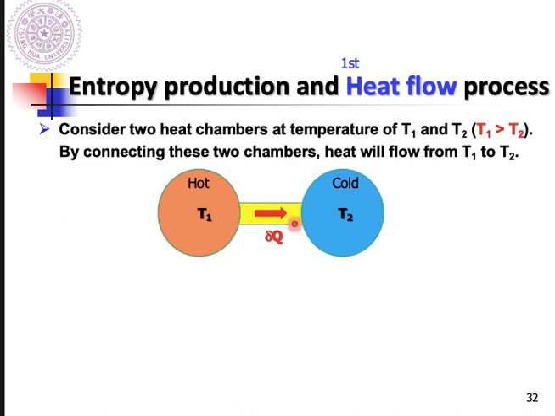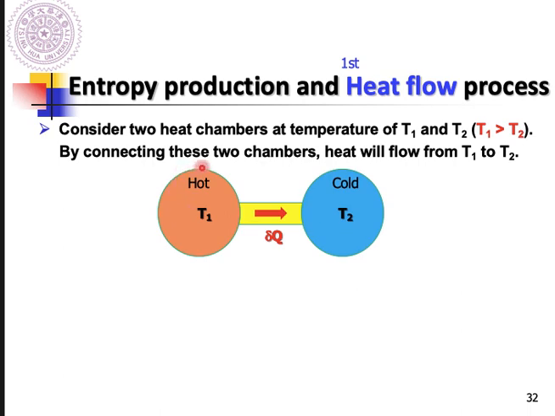So let's move to the first one, the heat flow process. The title here is the entropy production in the heat flow process. What we have here are two chambers with different temperatures, T1 and T2.